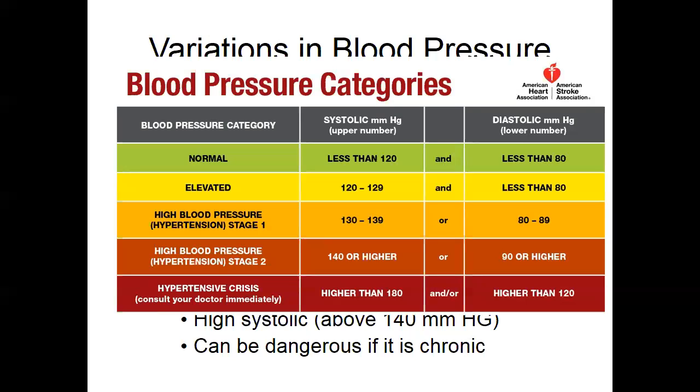I'm not saying we're treating, but just talking about what we're now calling hypertension. And stage 2 hypertension is greater than 140 systolic or greater than 90 diastolic. That's a significant change from where we were. And then a hypertensive crisis, that hasn't changed. Greater than 180 systolic or 120 diastolic.